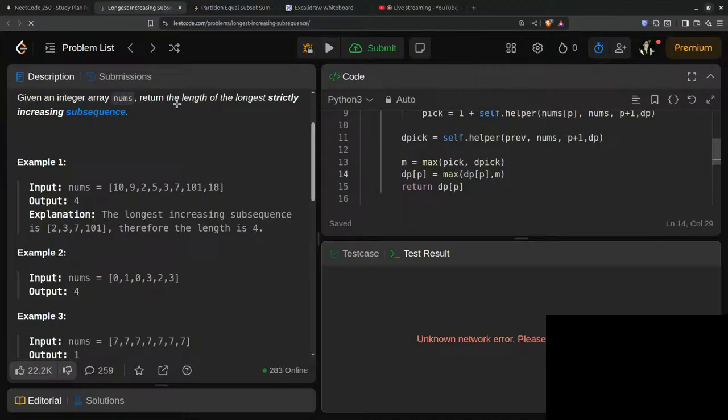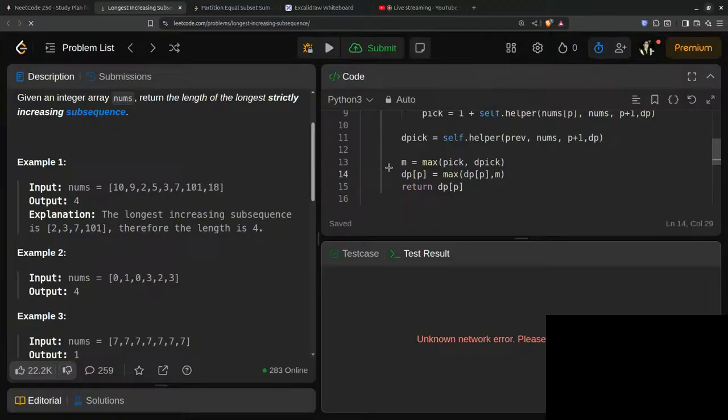So should we do a dry run and check it out? Let's consider only don't pick.